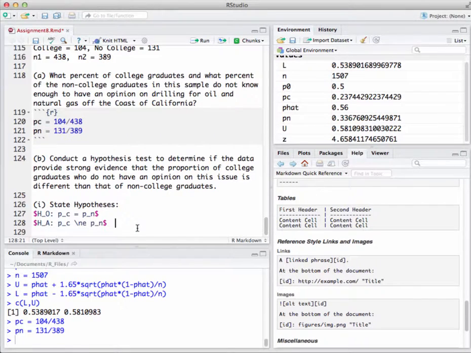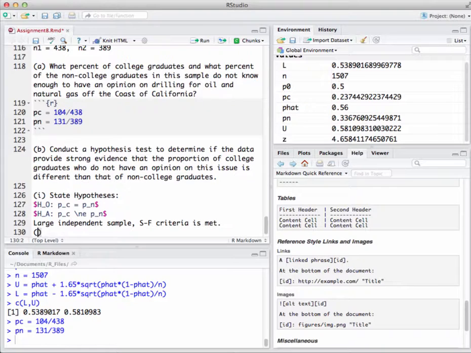So more about that in a bit, but for the moment we're going to say large independent sample according to the write-up in there, and so the success failure criteria is met also because it's big numbers. All right, cool. So that takes care of part one.